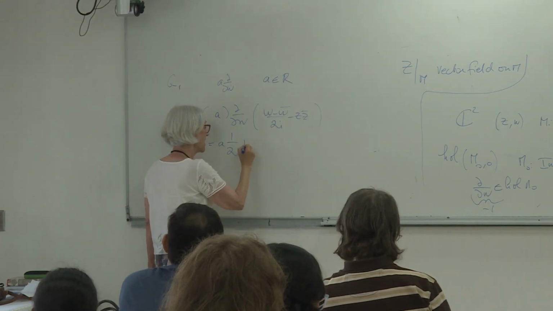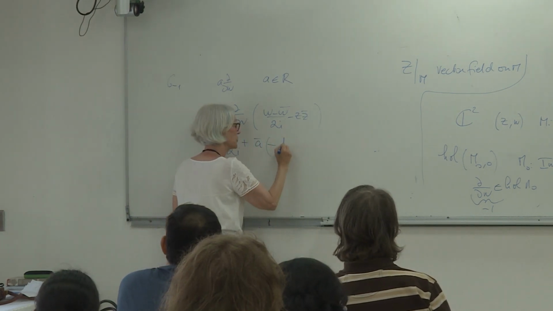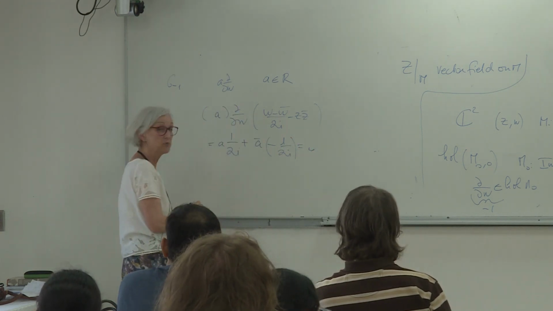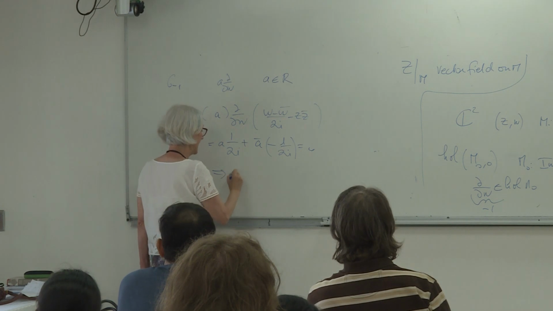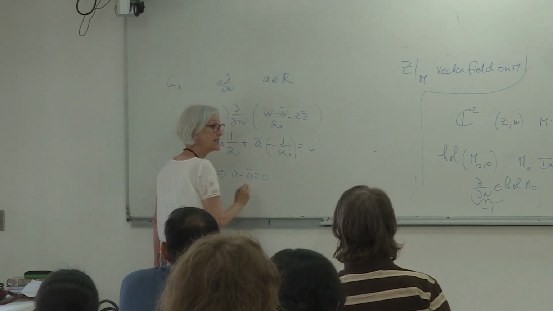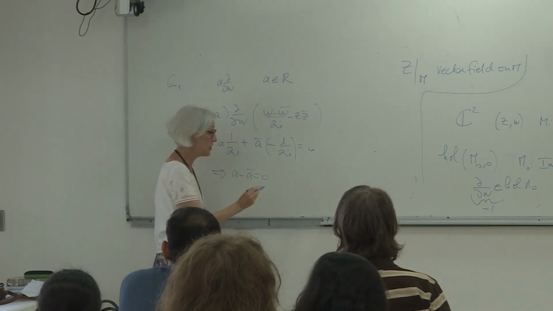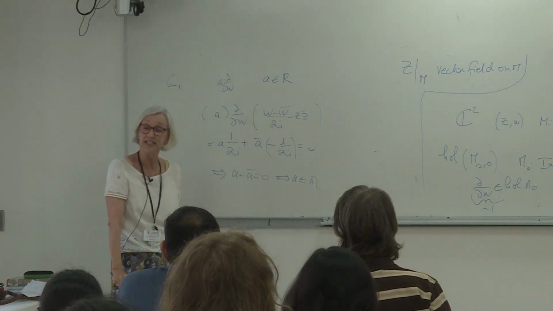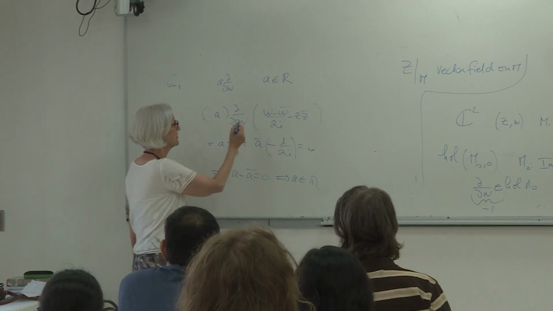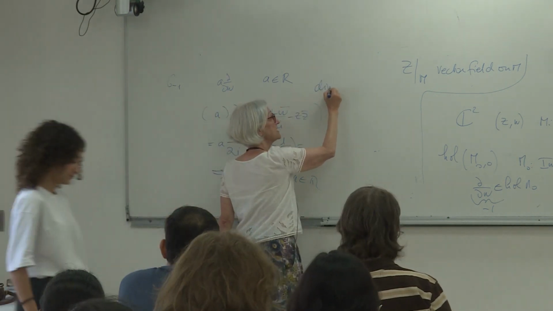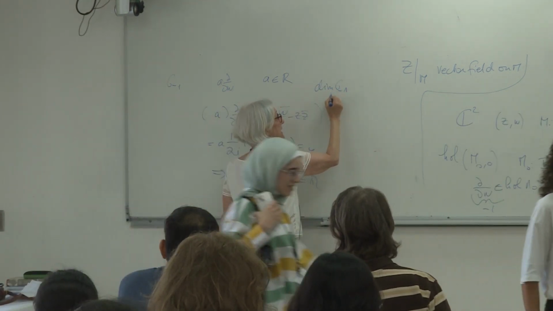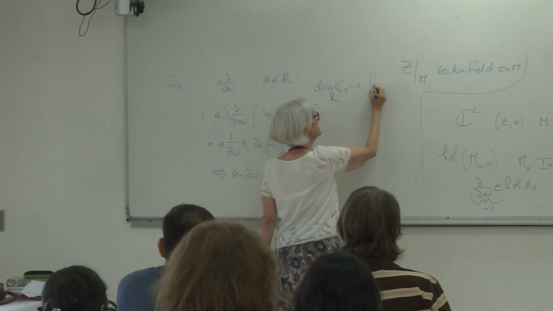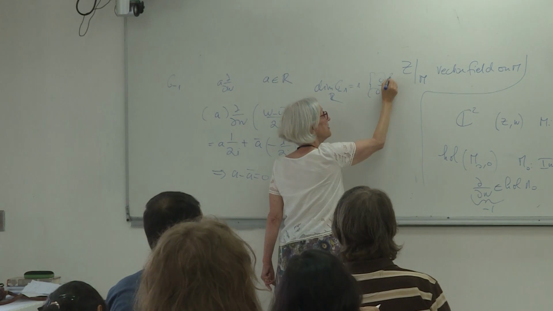And this guy plus A bar minus 1 over 2I has to be 0. That means that A minus A bar is equal to 0, so A is real. OK? So what is the dimension? The real dimension of G minus 1 is 1, right? And it's generated by the guy here.